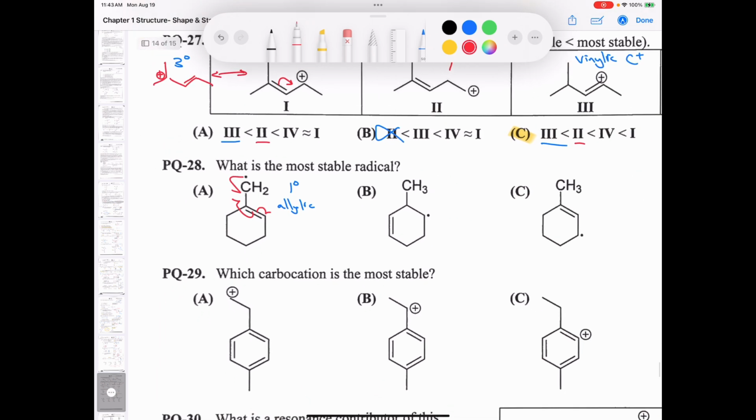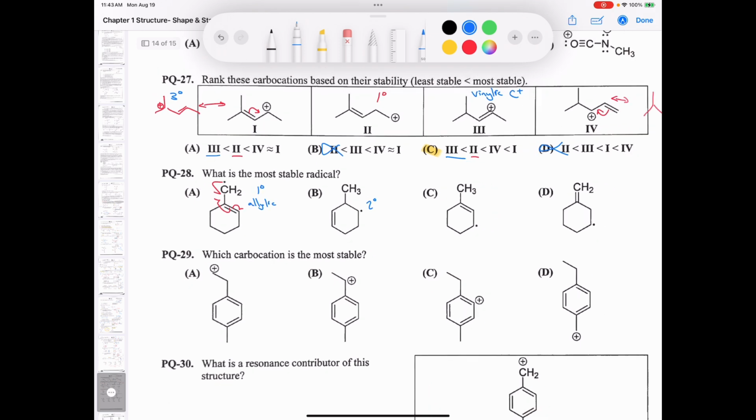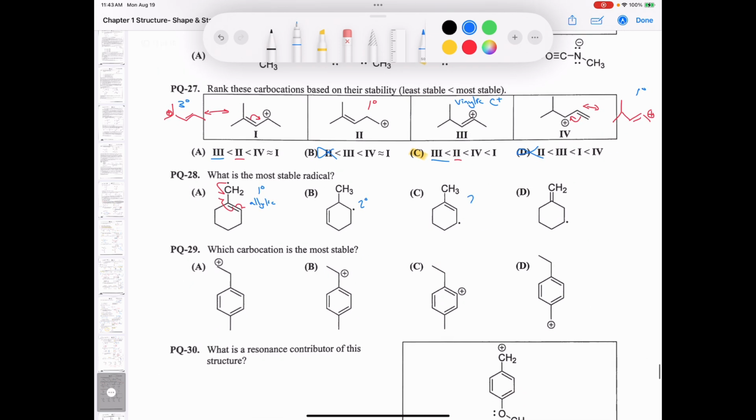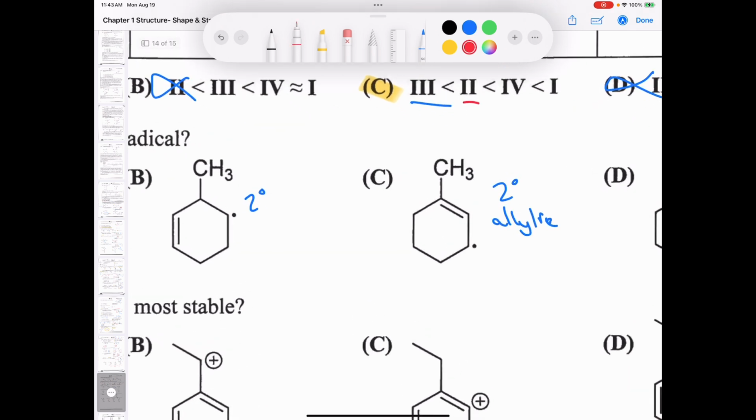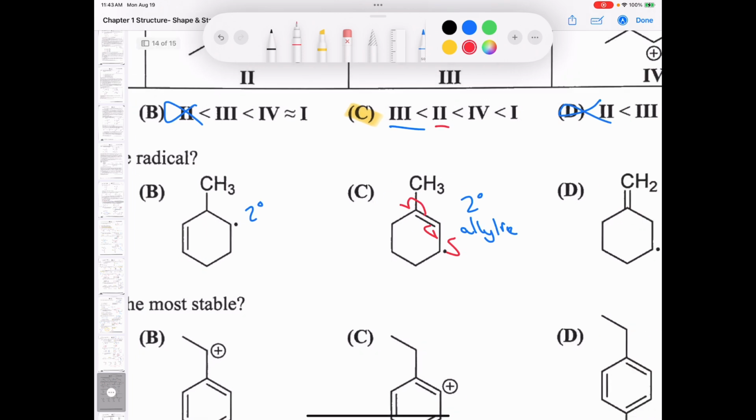If we go to B, this one is just a plain old secondary carbon radical. This one here is secondary allylic, and again, you could practice drawing the curved arrows for this, the fishhook arrows, if you wanted to. Maybe not my best work, but anyhow, there you go. You could practice drawing those.